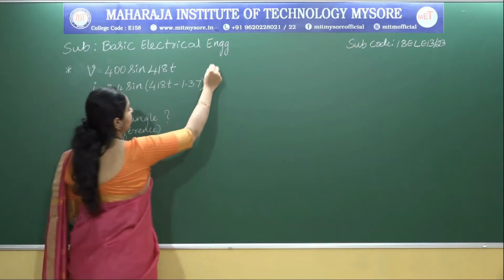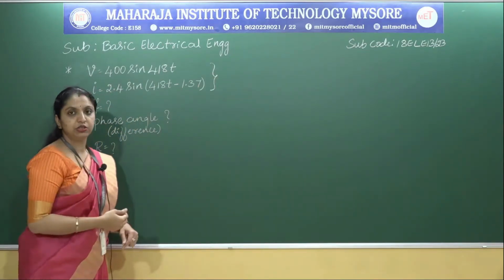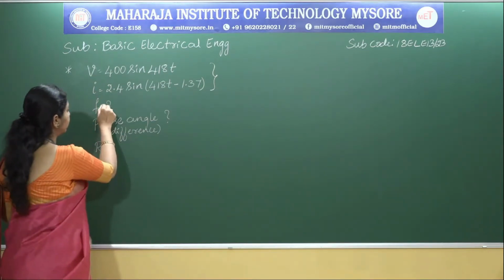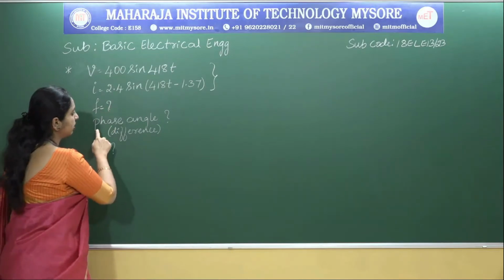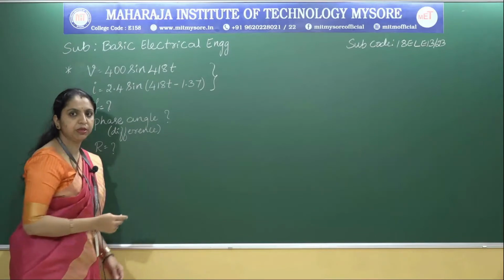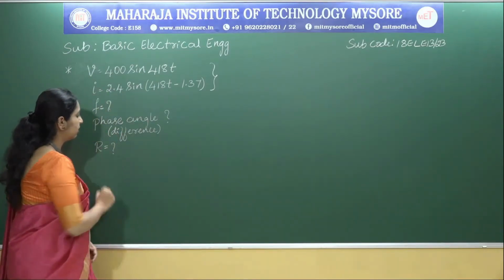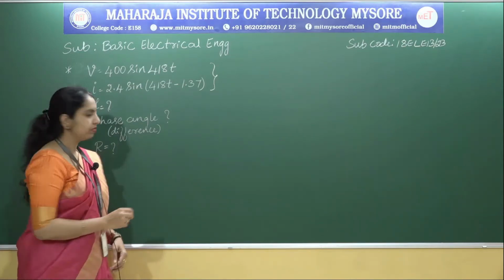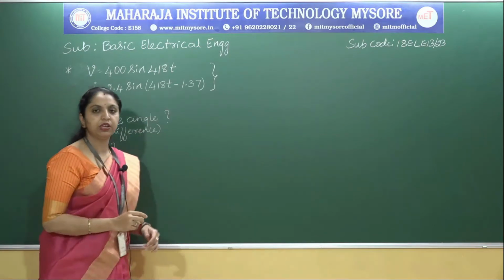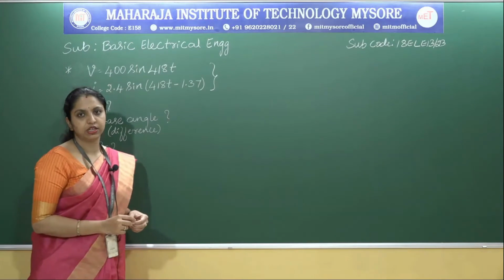Based on these two equations, we need to calculate the frequency f, then the phase angle, which means the phase difference between the voltage and the current, and the last one is the resistance of the circuit.